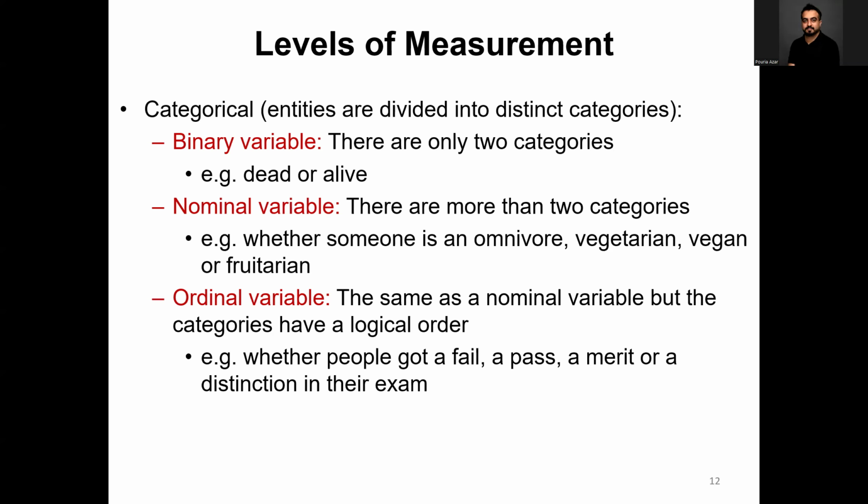Or education level: less than high school, above high school, college graduate, above college. That's a categorical variable, right? But there is a logical order there. High school graduate is higher than less than high school, or above college is higher than high school, for example.